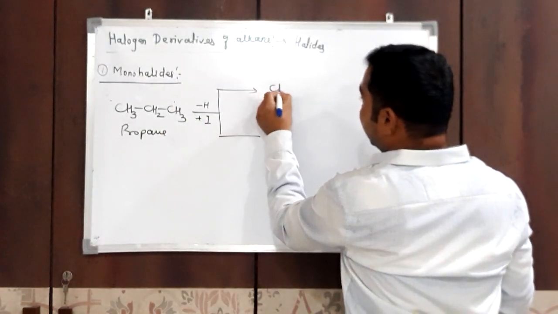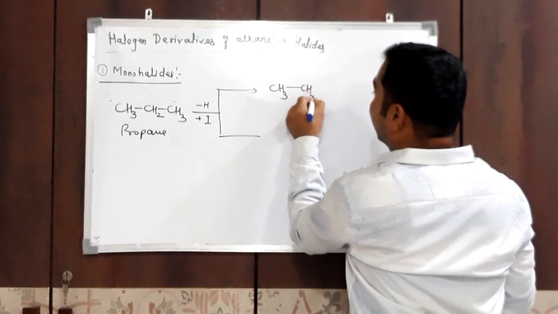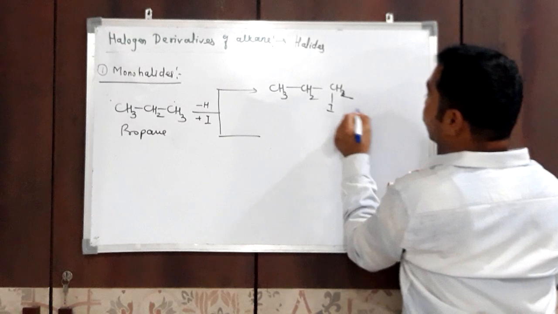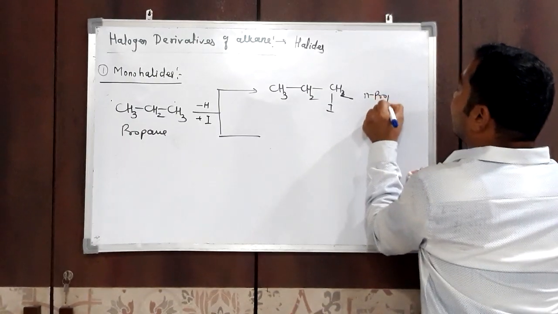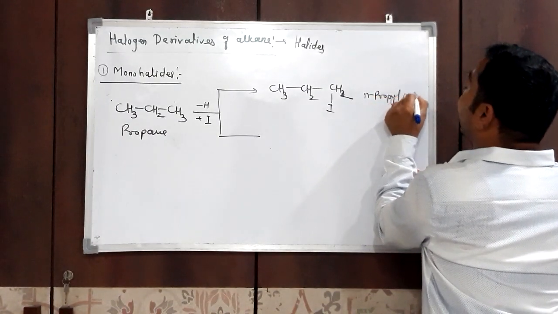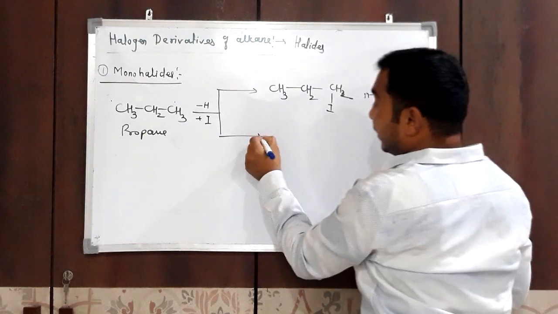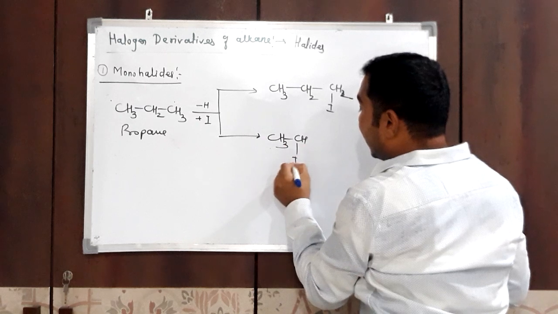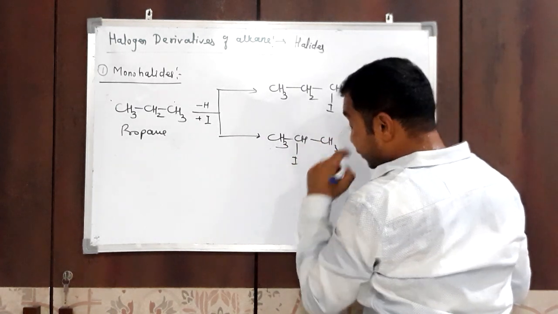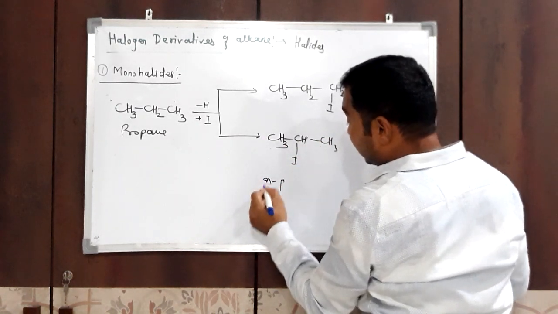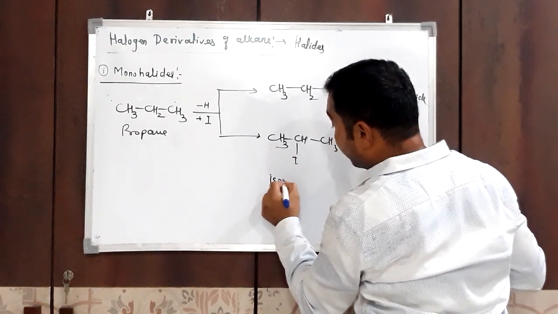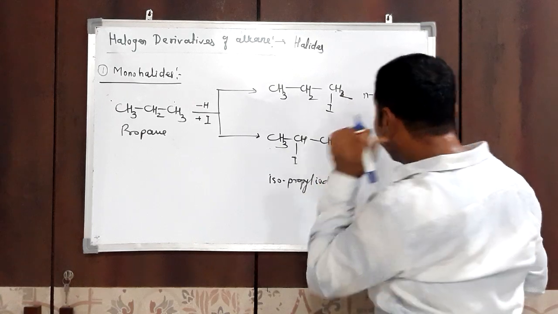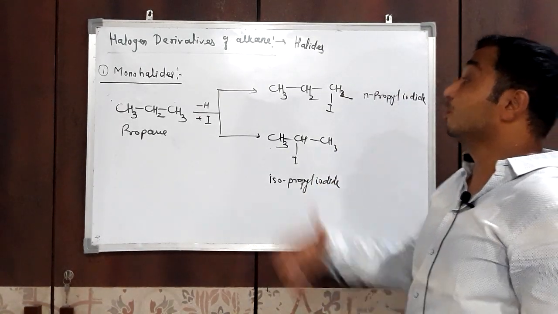If I replace a hydrogen from a terminal carbon, then I will get this type of compound, known as n-propyl iodide. And the second one, CH3CHICH3, its name is isopropyl iodide. So these are monohalides.